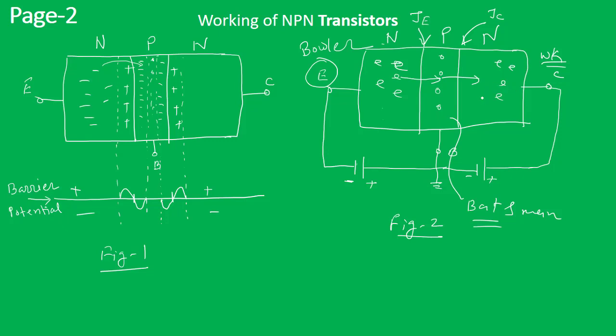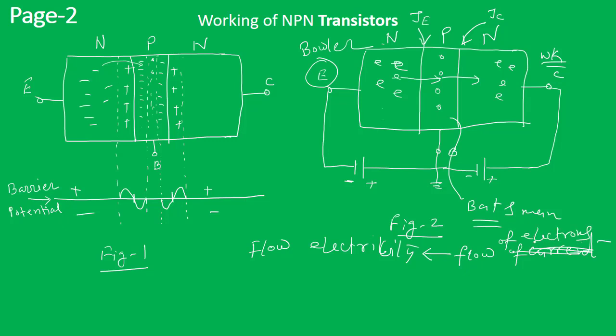That is very good. Now, the flow of electricity is opposite to the flow of electrons. That is a basic concept all of us must know. Small correction here: the direction of the flow of electrons and the flow of electricity, or current, are opposite to each other.